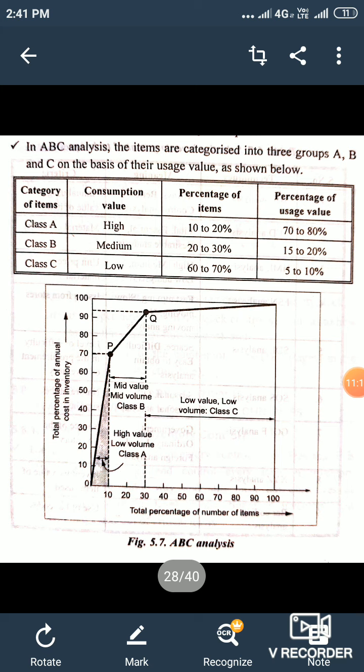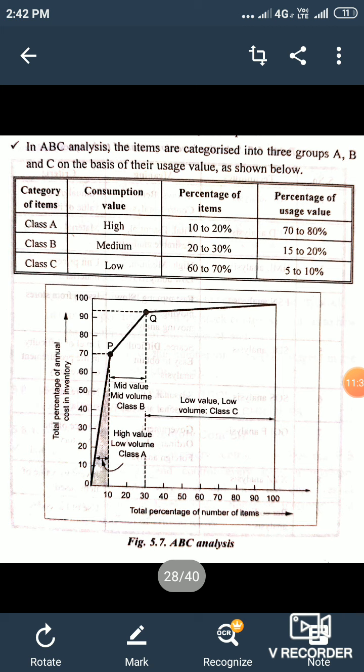These are about 60 to 70 percentage or 70 to 80 percentage of the total item, and their value is about 5 to 10 percentage of the total inventory cost. Less attention or loose control is taken for these C class items.